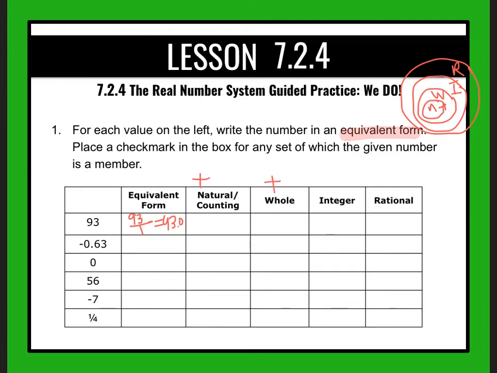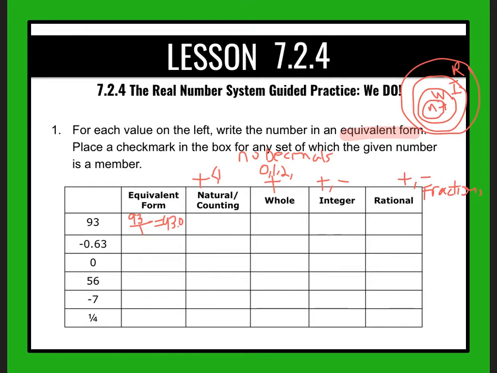Whole numbers are also positive, but they include 0. Integers are both positive and negative, but all of these three do not have decimal values, a part of another number. And rational numbers are numbers that can be written in fraction form. They're positive and negative, and they can all be written as fractions. I'm just making myself some notes as I review.